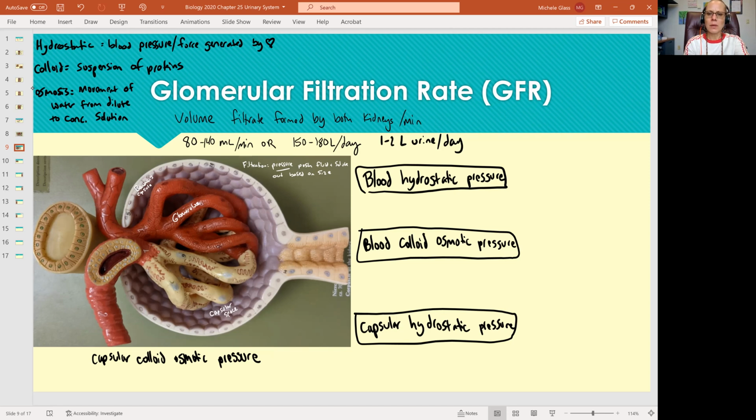So when we talk about the blood hydrostatic pressure, this is literally the blood pressure inside the glomerulus. The glomerulus, remember, is the fenestrated capillary bed that's inside the capsule. And we're going to see that the blood hydrostatic pressure here, instead of blood hydrostatic pressure, you might see it listed as glomerular.